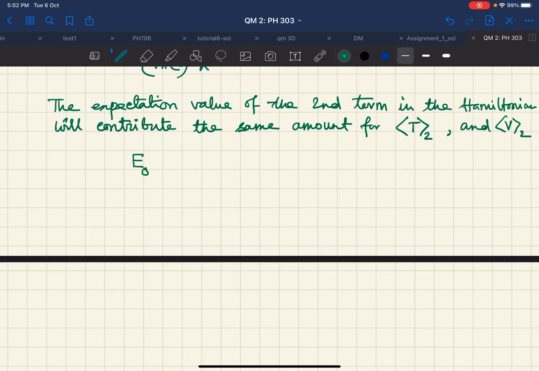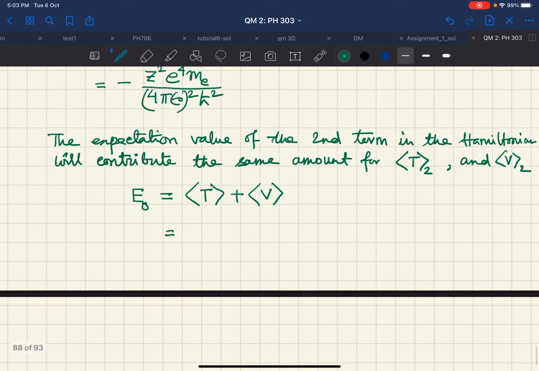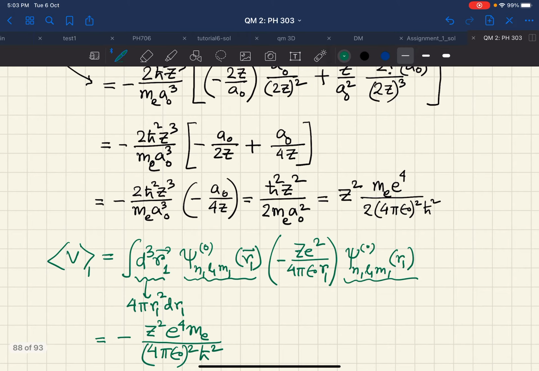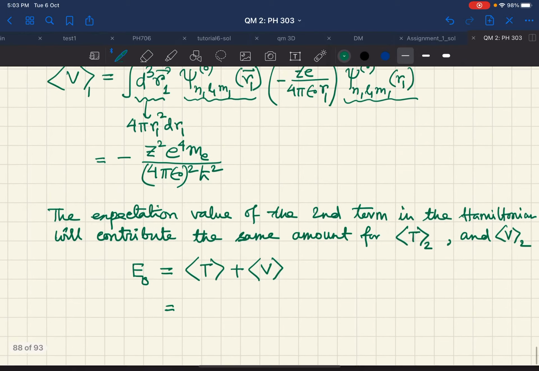So this ground state energy should be the total expectation value of the kinetic energy plus the expectation value of the potential energy. Remember, this kinetic energy expectation value was Z squared m e to the power 4. Now we need to multiply this by 2.